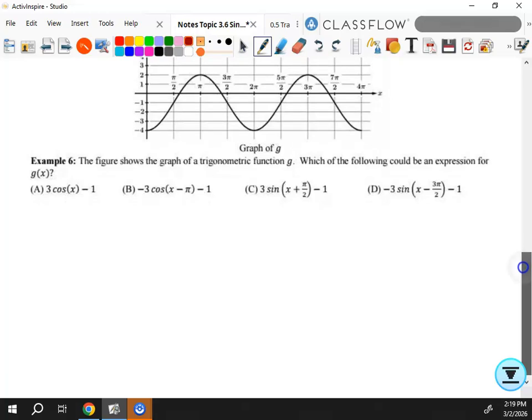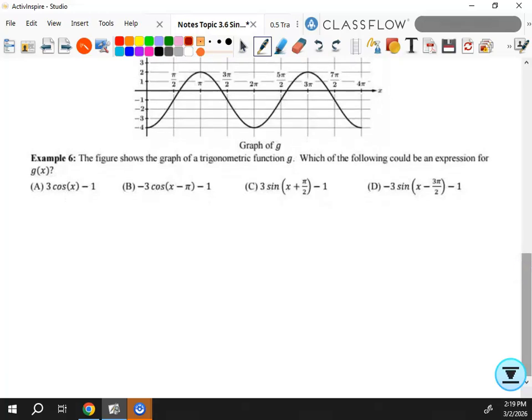But let's look at this. We're going to talk about that plus C stuff here just a little bit. Okay, this says, the figure shows the graph of a trigonometric function g, which of the following could be an expression, because there are literally an infinite amount of equations I could actually write. I've got 2 cosines and 2 sines, so I want you to remember that sine looks like this, that's sine theta, and cosine looks like this, cosine theta, just to wrap your mind around it.